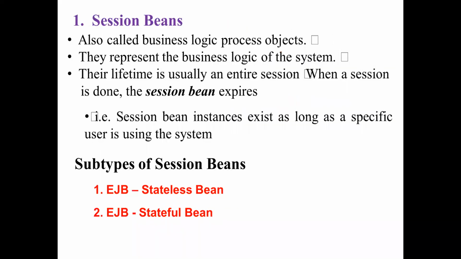So we can go one by one. The first one is the session bean. The session bean we can also call a business logic process object, and it represents the business logic of the system, and its lifetime is usually an entire session.